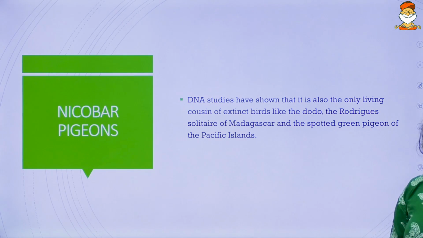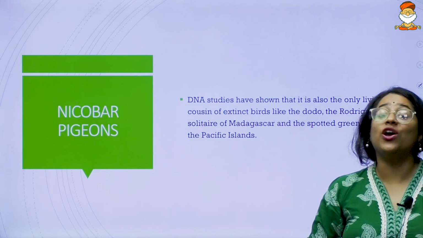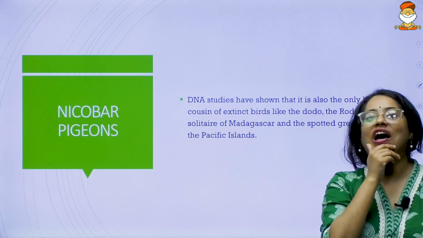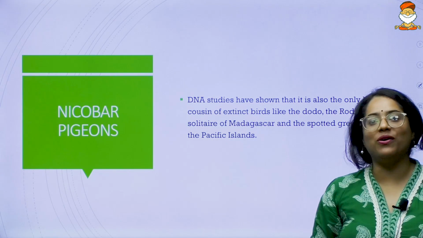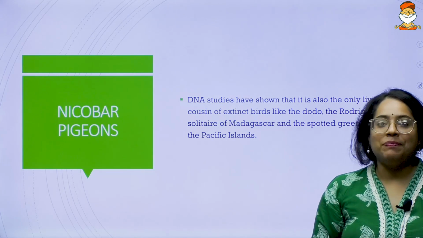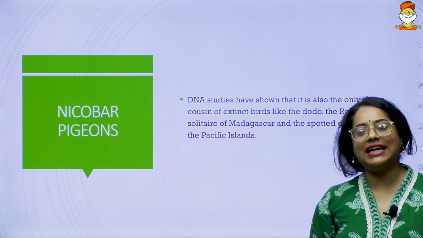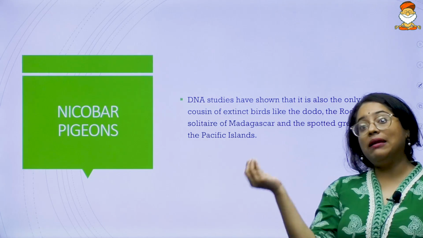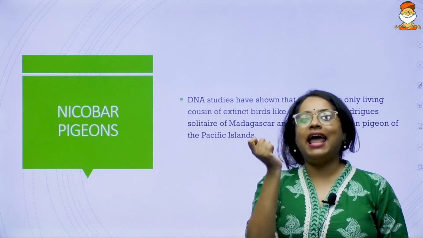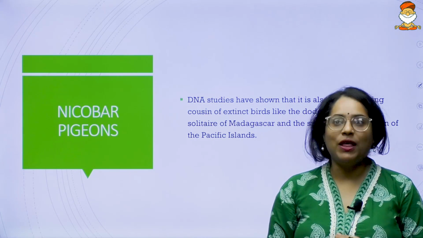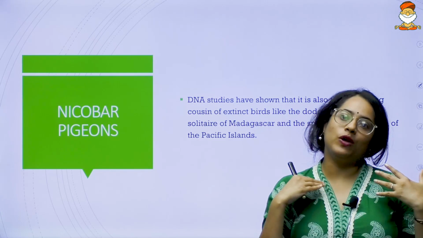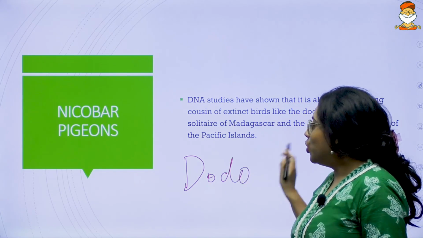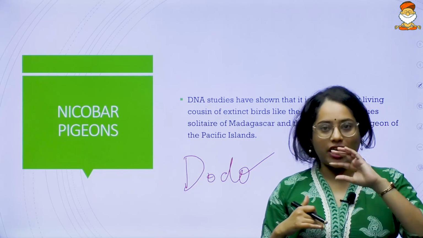Another species which was important in the news this time was the Nicobar pigeon. Those who attended my science and tech PEP classes would have heard about this. From the science and tech point of view, there has been so much research done to bring back certain extinct species. One such species they've been doing a lot of research on is the dodo. The dodo is a bird which is extinct.